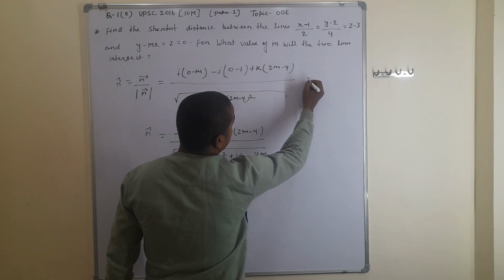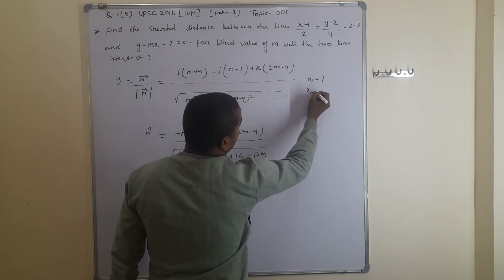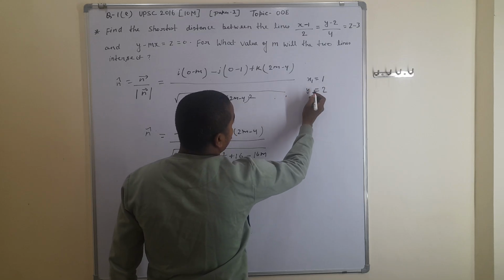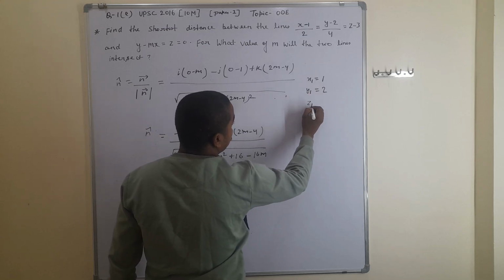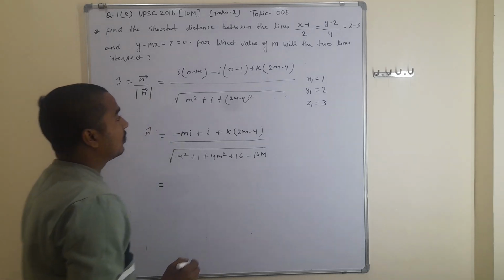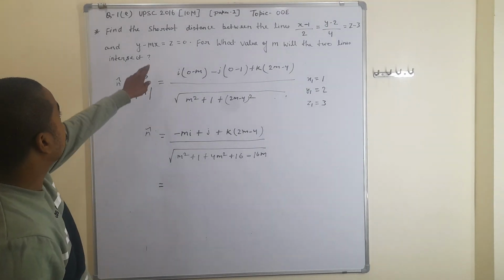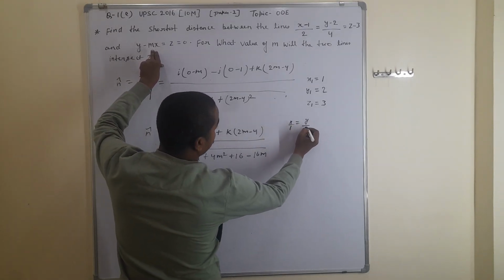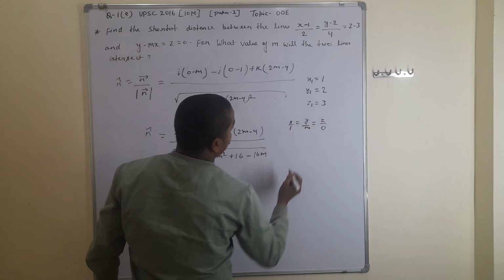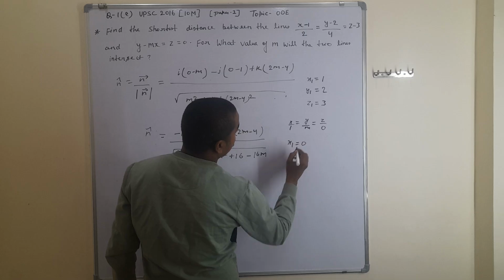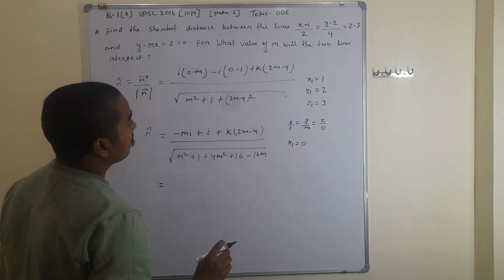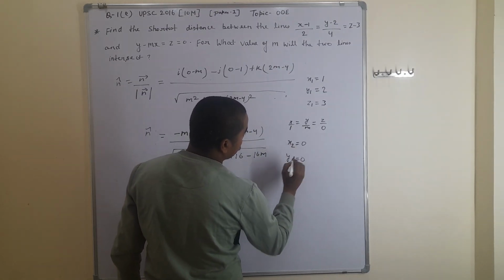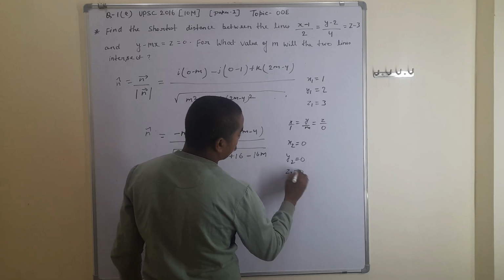From line 1, x1 is 1, y1 is 2 and z1 is 3, and from line 2, which is x/1 and y/m is equal to z/0, the values x2 is 0, y2 is also 0 and z2 is also 0.